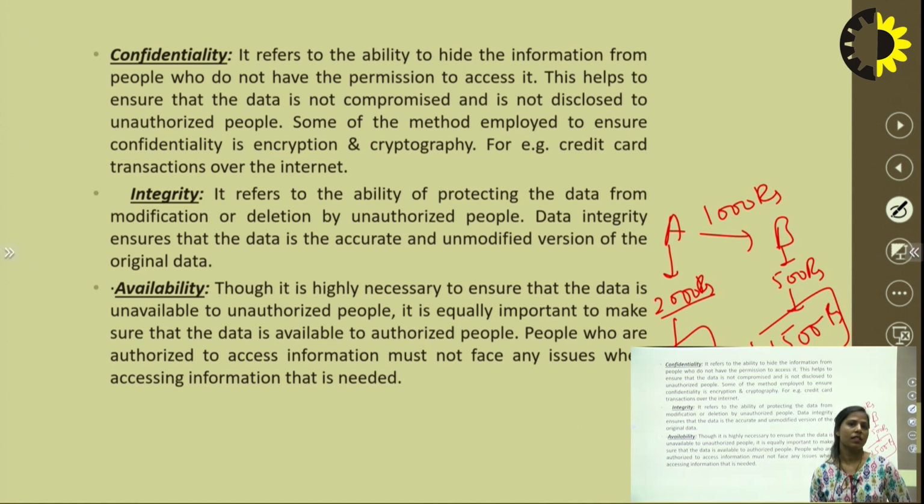And last was permission: those who have the accessibility power, the access control, the permission, only they can access the particular information. Only the important data will be available to those persons. No other person, or people outside the organization, can access the data easily, because this maintains the integrity and confidentiality of the data.